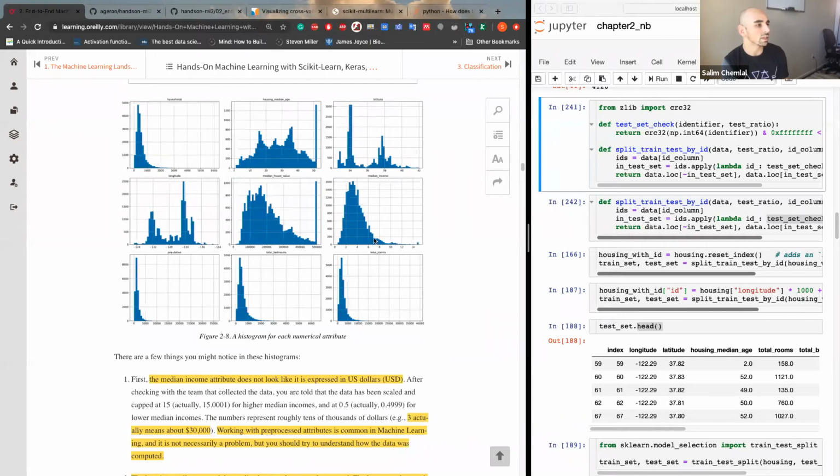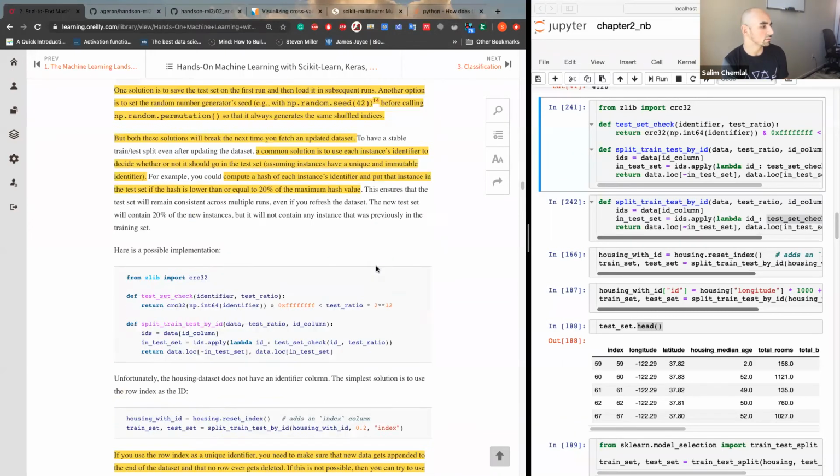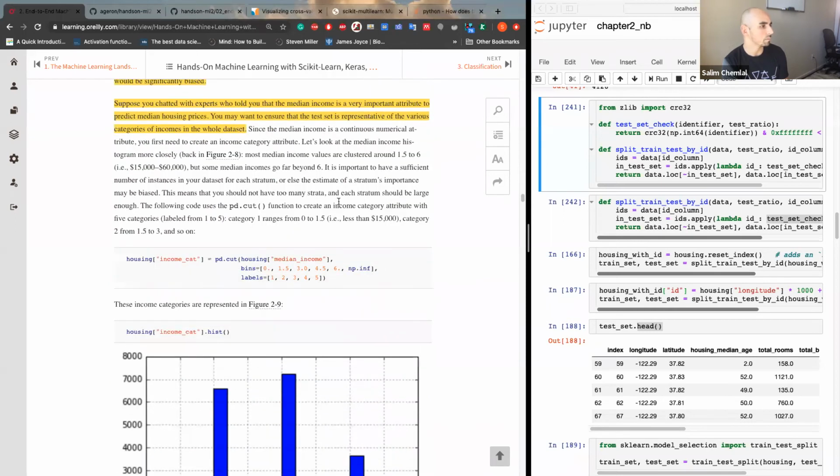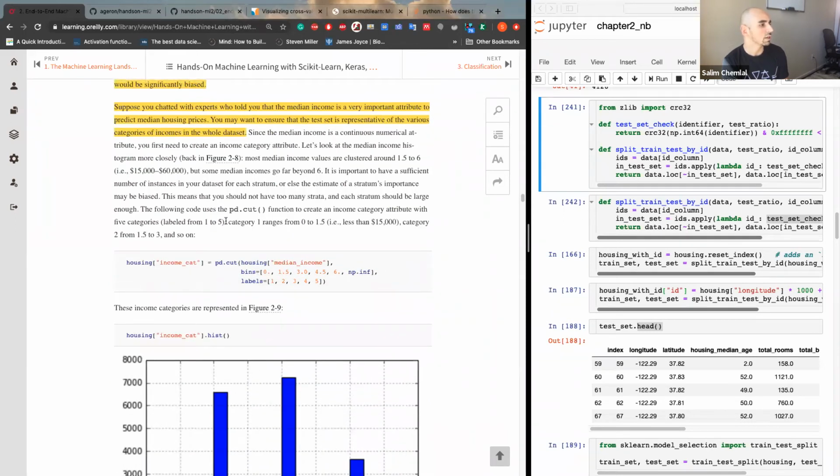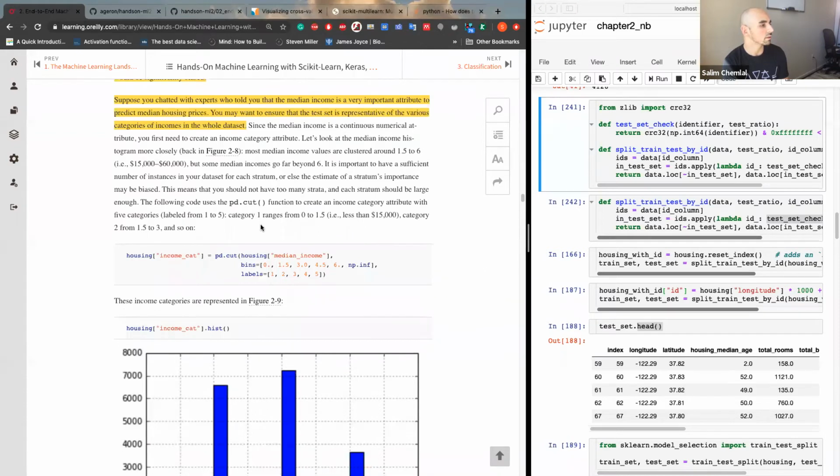So what he's doing, he used this function, Pandas cut. This was a new function to me that I haven't seen, but it's a nice one. What it does is it separates values into bins.